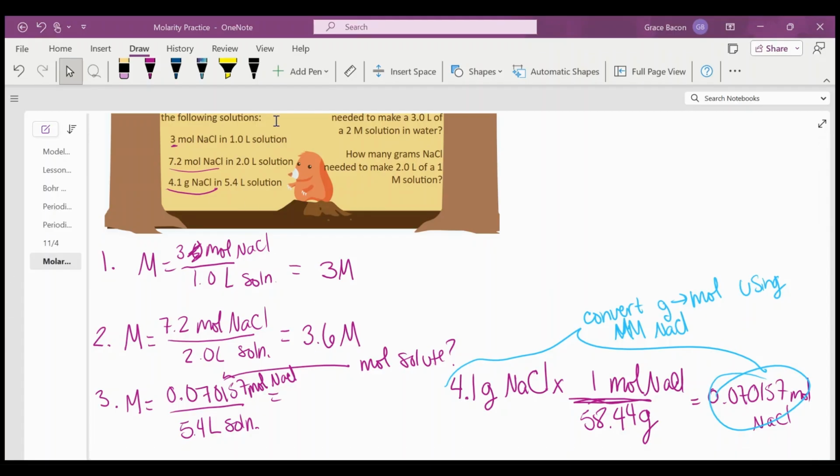So this is moles of solute divided by liters of solution. So I'm going to take this 0.070157. Sorry, I know you can't see my calculator. 0.070157 divided by my liters of solution, 5.4, and I get 0.01299.